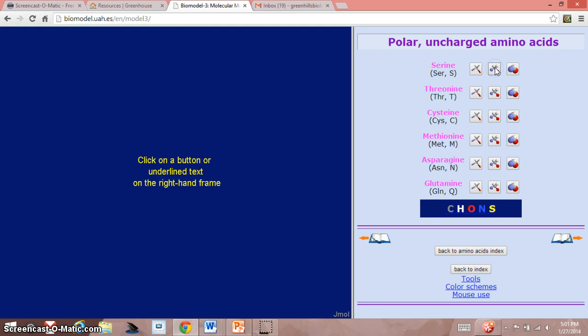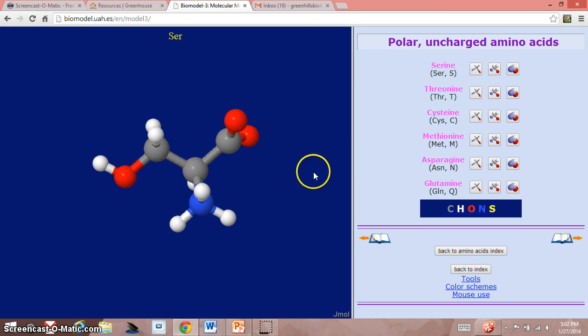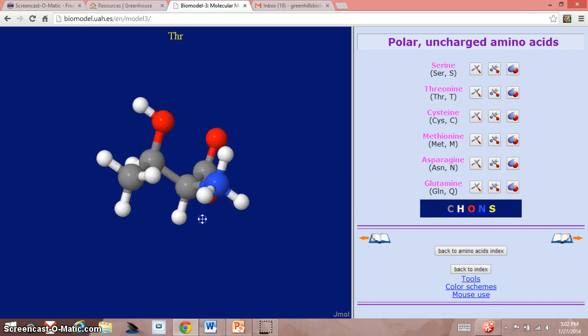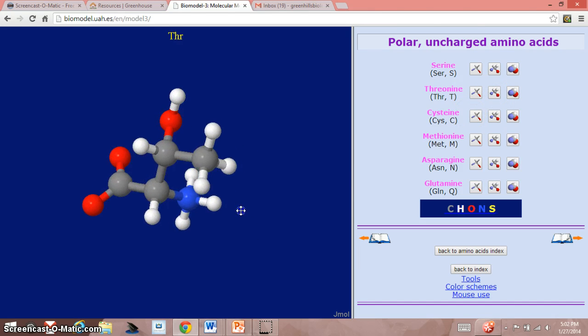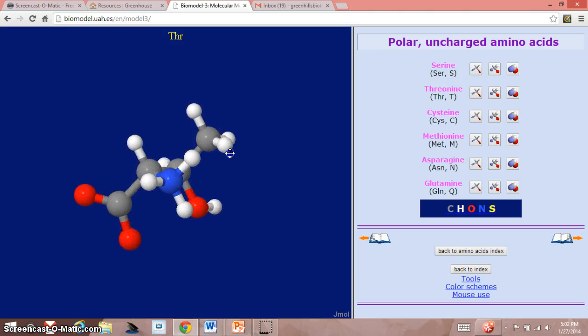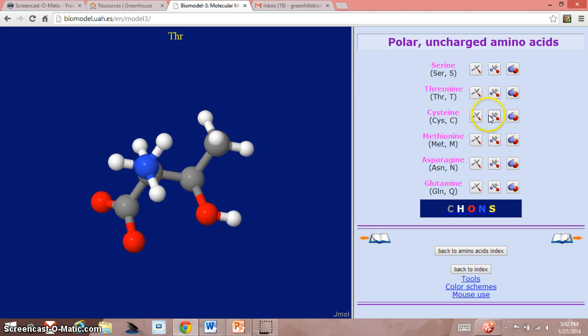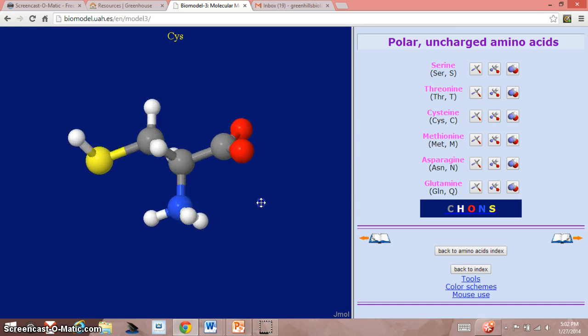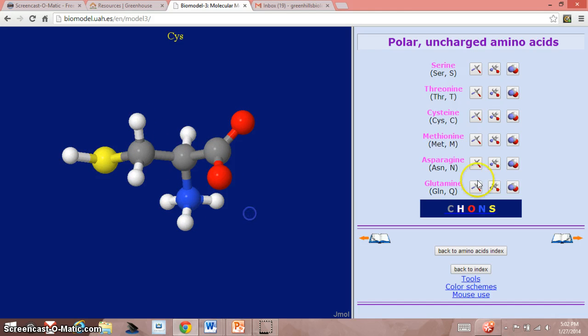So here's serine. There it is. Amino group, carboxyl group, R group. Threonine. Cysteine. Methionine.